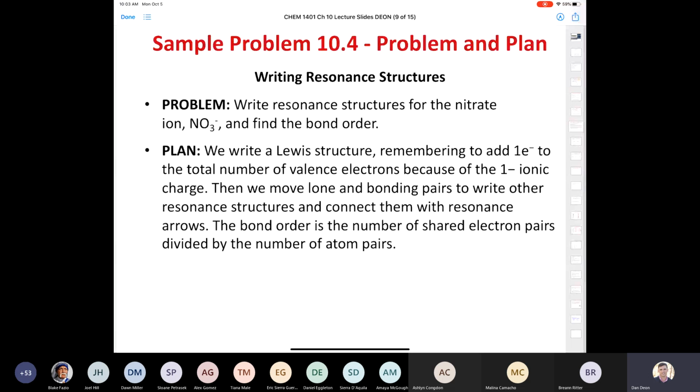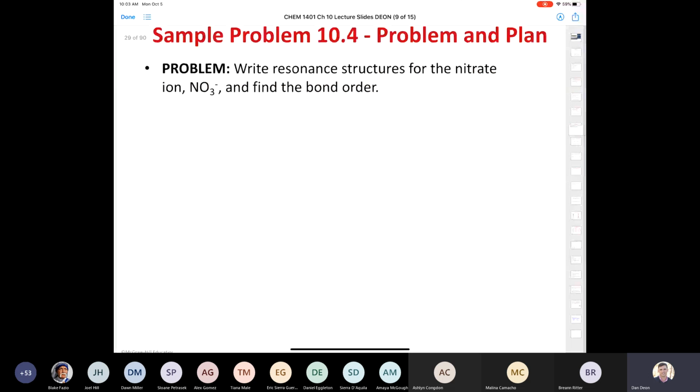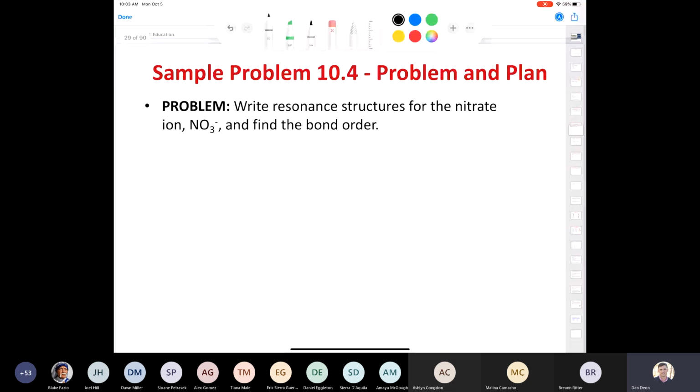Okay, so let's just start by drawing the Lewis structure. I think I gave myself space here to solve this Lewis structure. If you're feeling rusty or finding these challenging, remember, don't just watch me do it. Give it the old college try. I'm going to give you guys a second. It's hard for Mr. Dion to be quiet in class. But I'm going to give you 20 seconds to look at this, see if you can come up with at least a plan, the number of valence electrons.